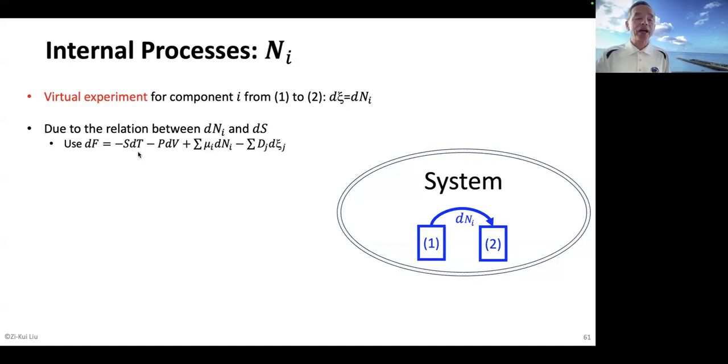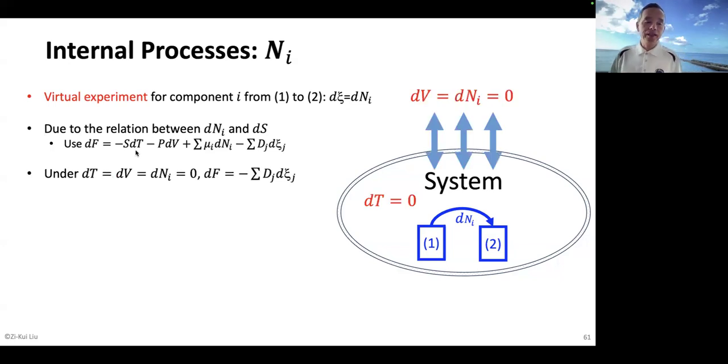Now I have T and V as natural variables, and we keep the natural variables constant in this process: constant temperature, constant volume. There's no temperature exchange, no volume exchange, no mass exchange between the system and surroundings.